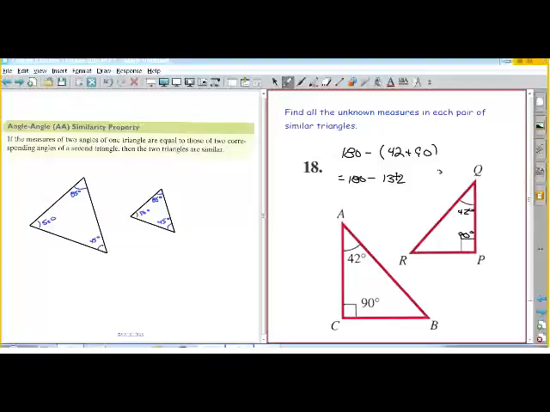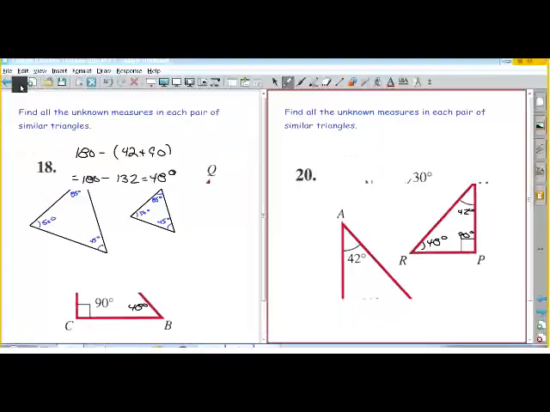Yeah, correct that. So that's 48. So this one's 48 degrees. This one's 48 degrees. So you just need to draw the triangles and fill in the numbers.